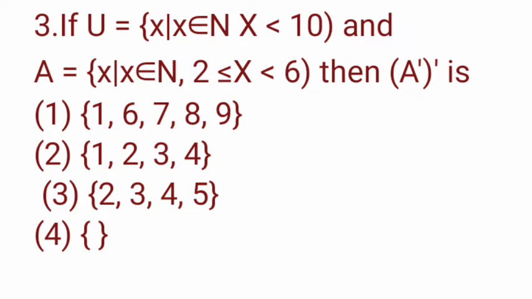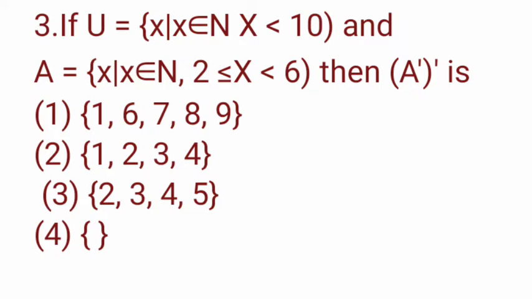What are the elements of A? That is also natural numbers, but 2 less than or equal to x less than 6 means we have to write 2, 3, 4, 5 only. Therefore A equal to 2, 3, 4, 5. Now find A dash. What is the meaning of A dash?